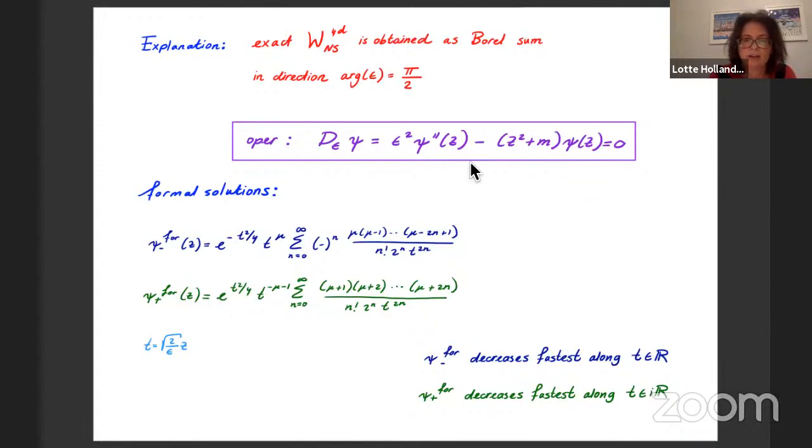It has two formal solutions, so two power series solutions, which I've written here as psi minus and psi plus, where psi minus decreases fastest when t is real, and psi plus decreases fastest when t is purely imaginary, where t is related to the z parameter of our curve C in this particular way.